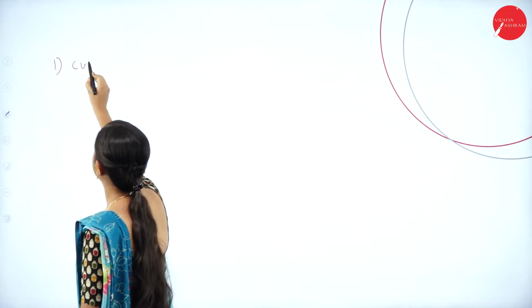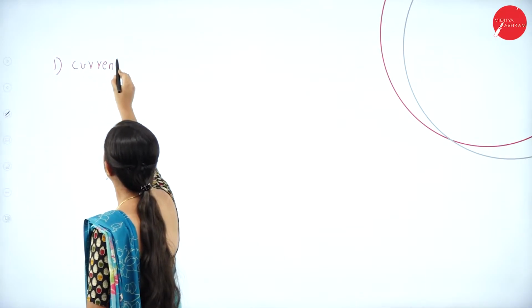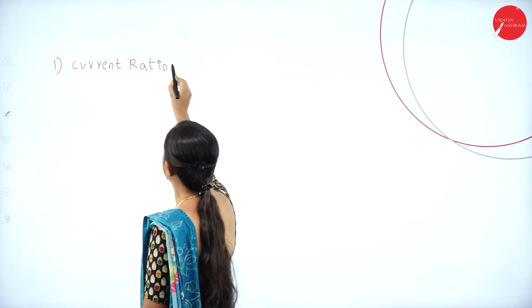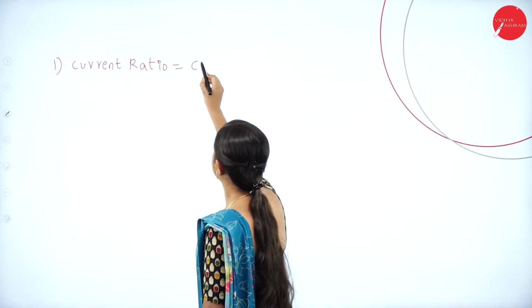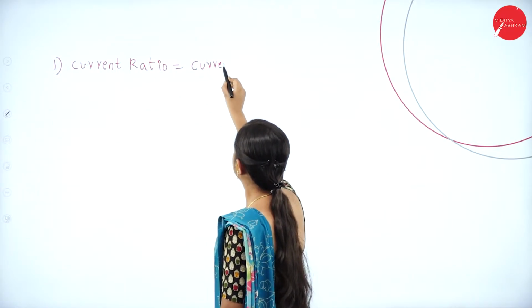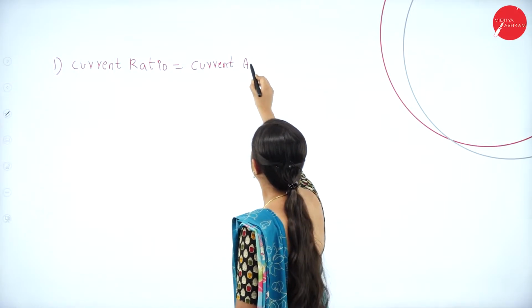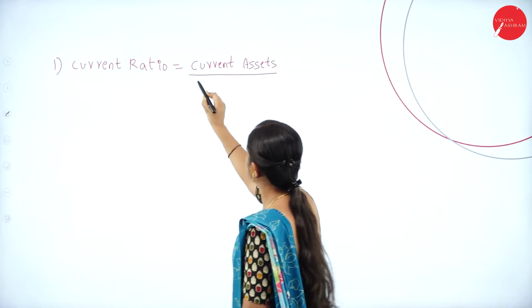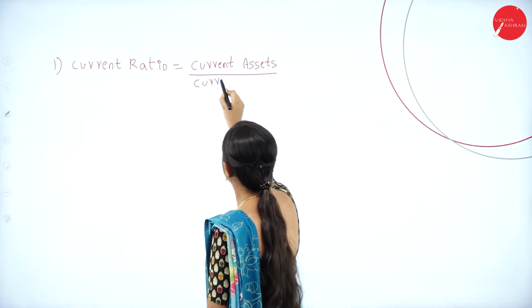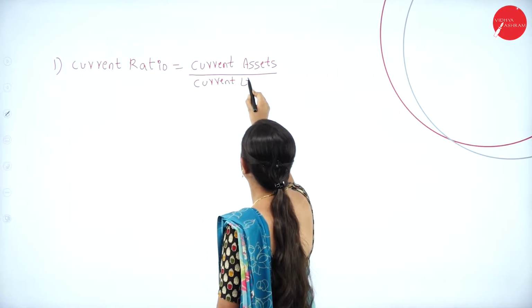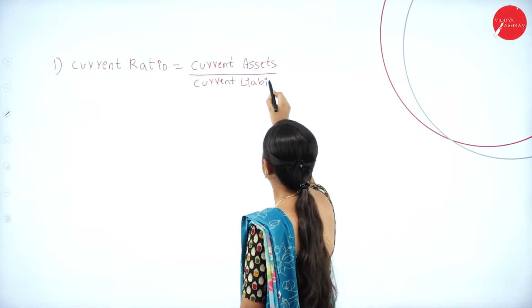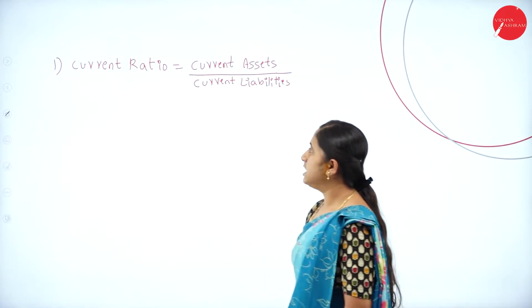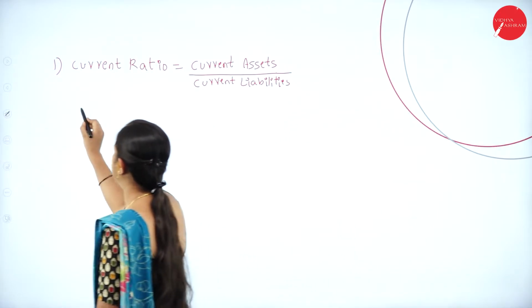Current ratio is equal to current assets divided by current liabilities. So first, current assets.